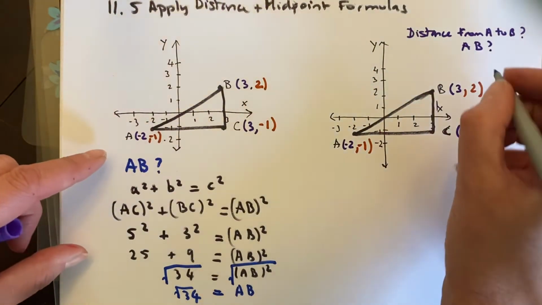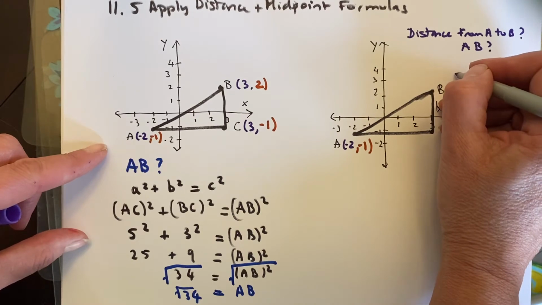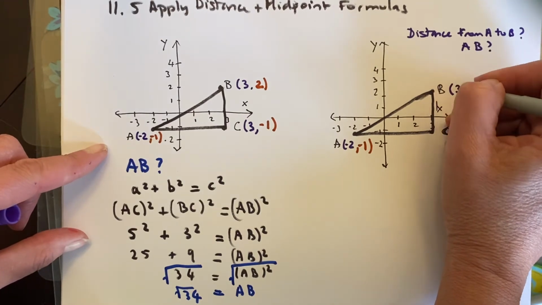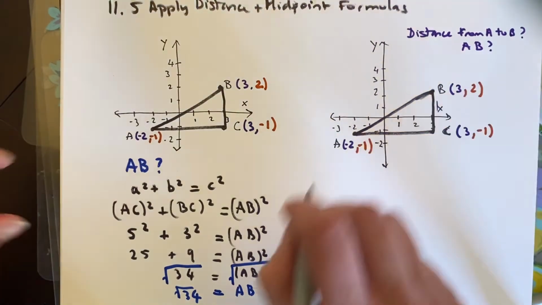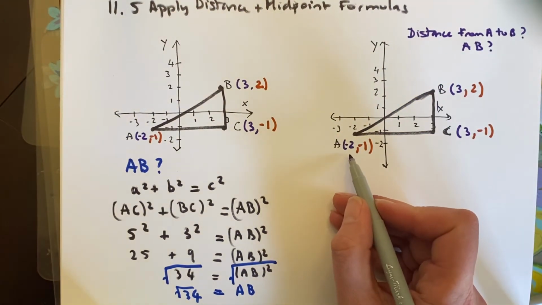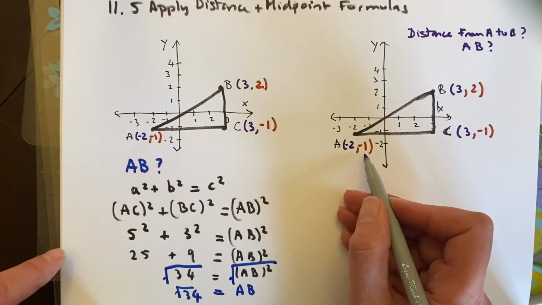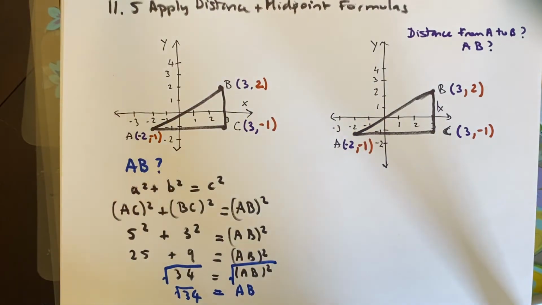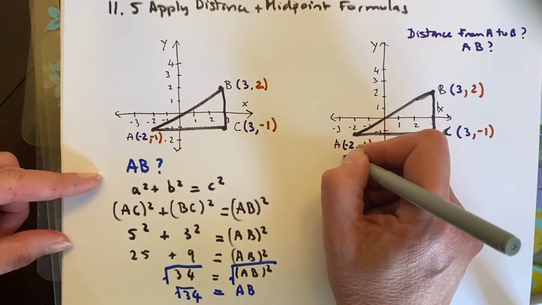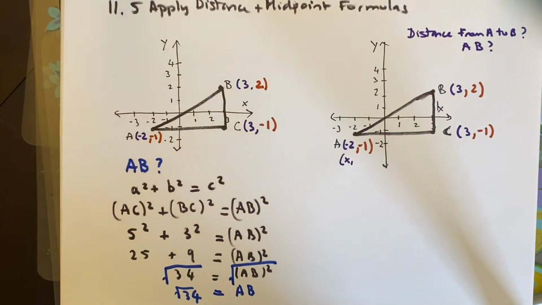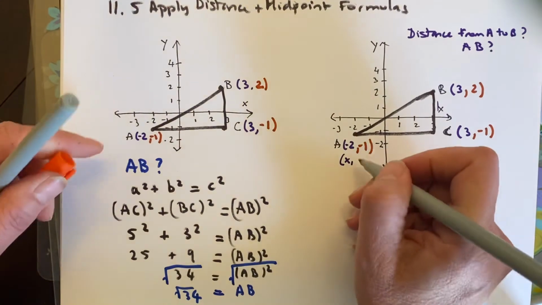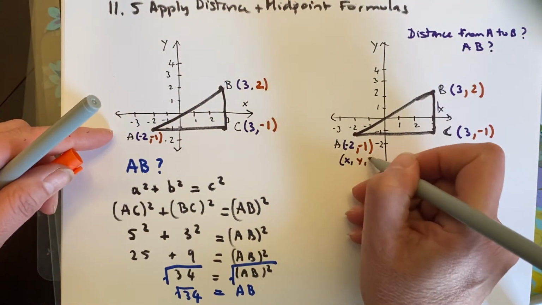Well, I know that this is going to be my X value for this point B and my Y value for the point B. And this is going to be my X value for point A and my Y value for point A. And I'm going to name these. I'm going to say that this is X1 and Y1.